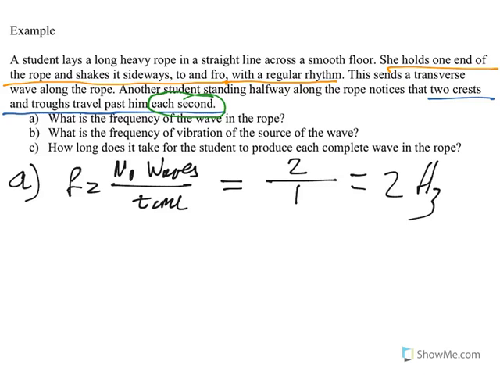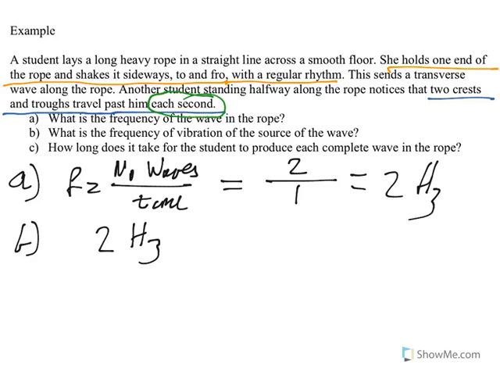So it's actually the source, in this case the student, that sets the frequency. So if Freddie halfway down is having a look and seeing that frequency is 2 hertz, then the girl who shook it is the one that set that frequency in the first place. So the frequency of the source is 2 hertz.